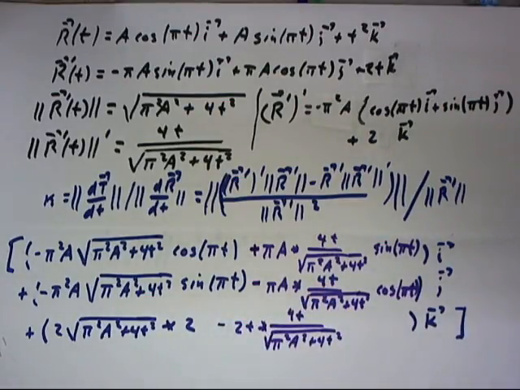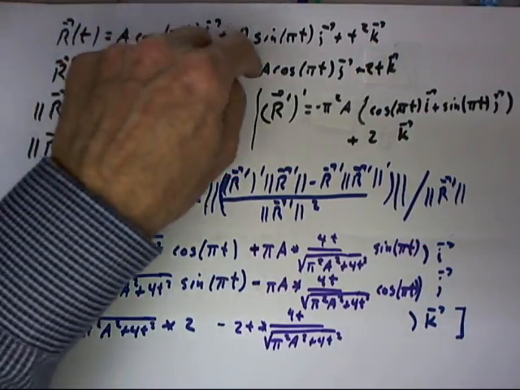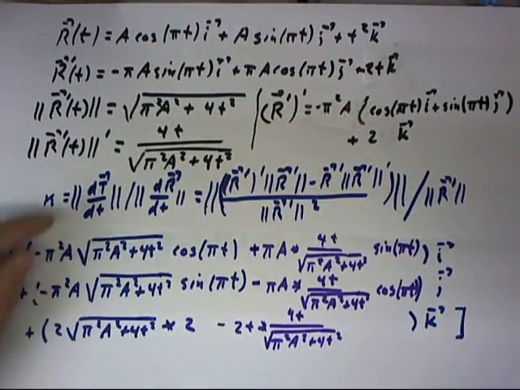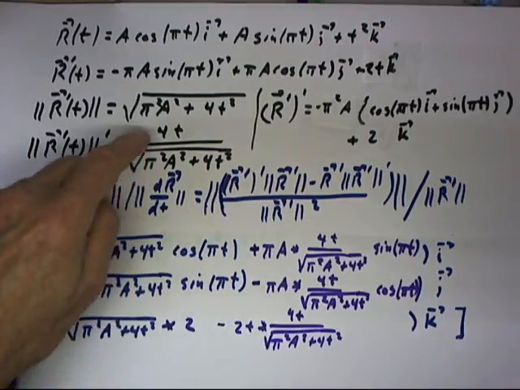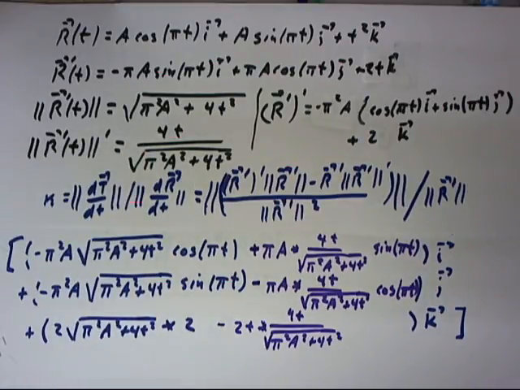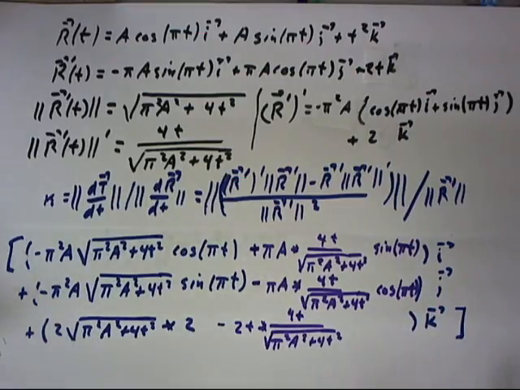In any case, I believe now that this is correct, because our r prime has a negative on the i, positives on the j and k. The magnitude of r double prime is a positive, so that we're going to have a positive and then two negatives. Now we collect this into one expression, and then we can begin to analyze it.